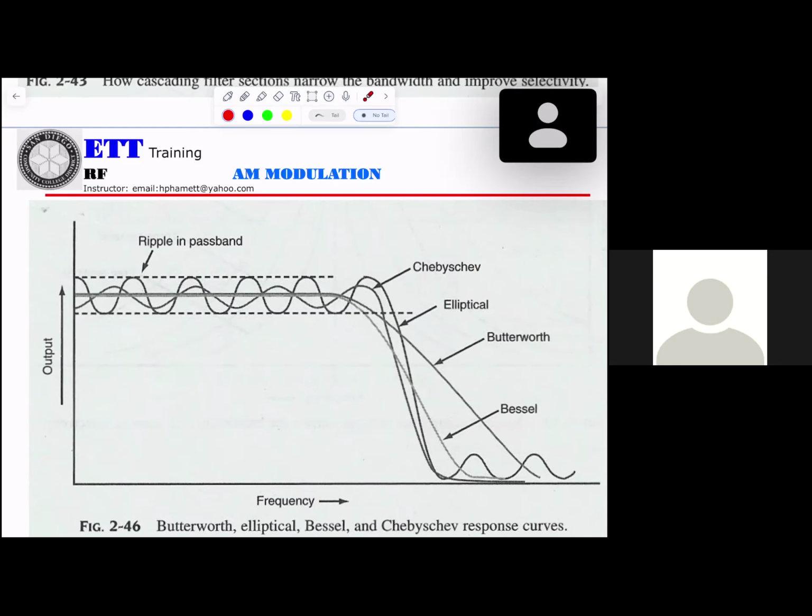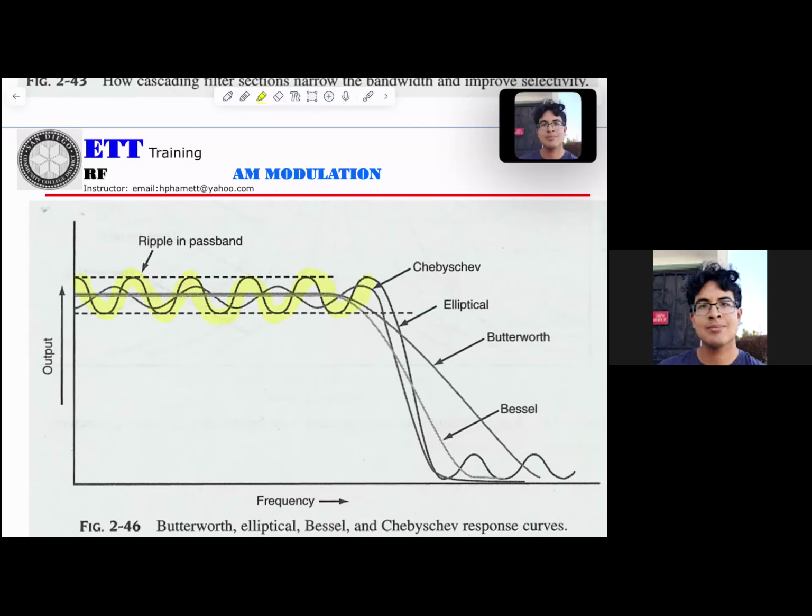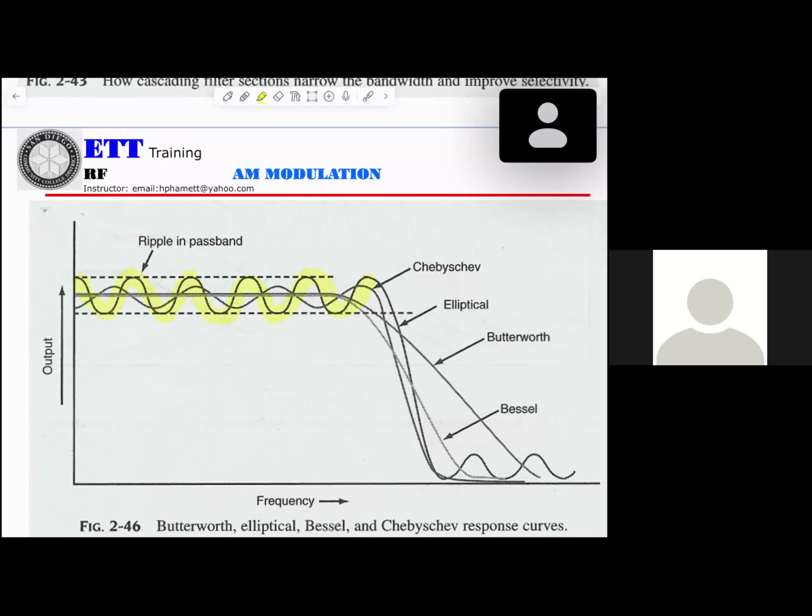First thing I'm talking about is ripple here. What is it? What is a ripple? Noise? Sound?